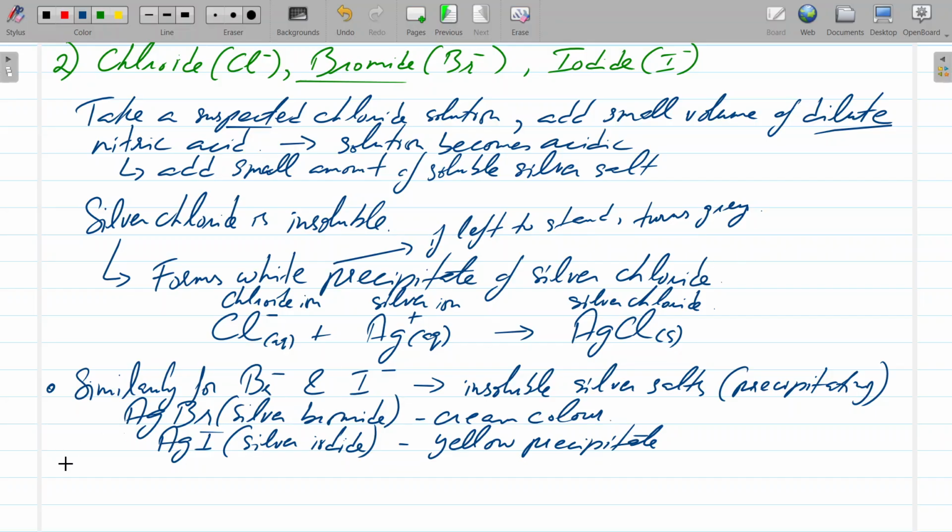Alternatively, instead of using silver, use lead nitrate. All nitrates are soluble.